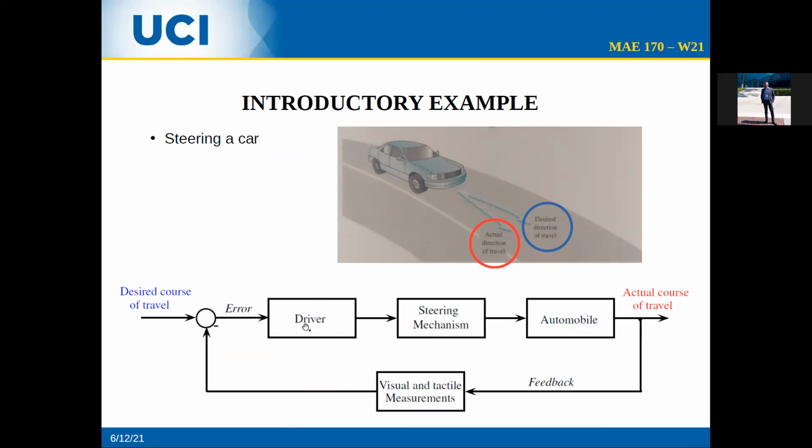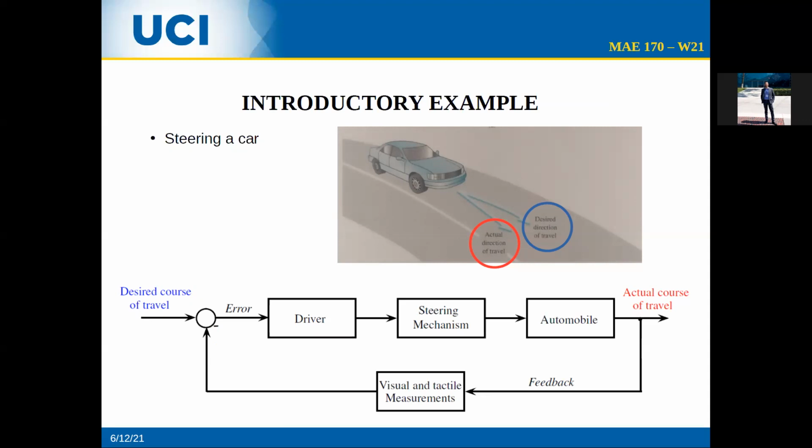So in this case, we have the driver, which is the controller, sends the control input to the steering mechanism, which is the actuator, and then the steering mechanism sends the signal to the car, the automobile, which is the process.